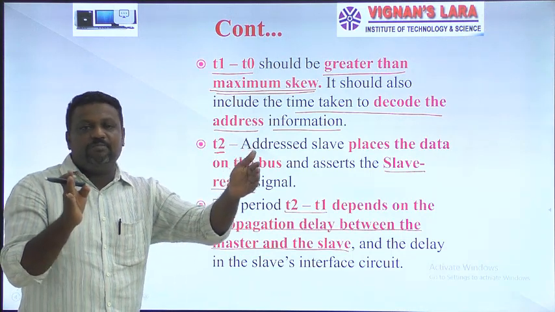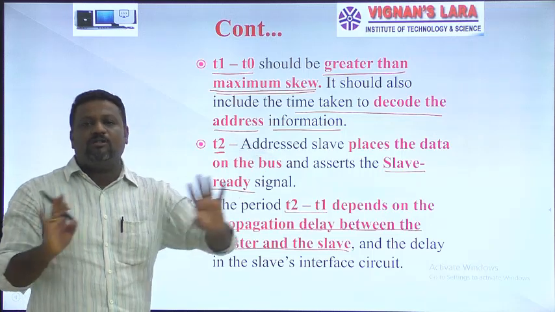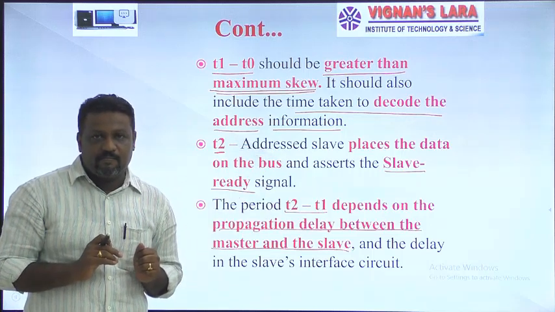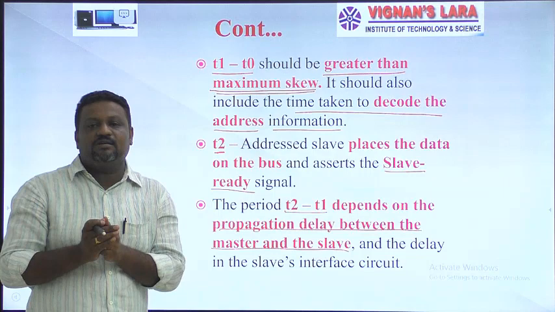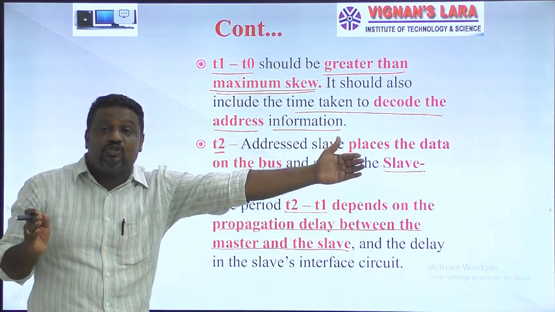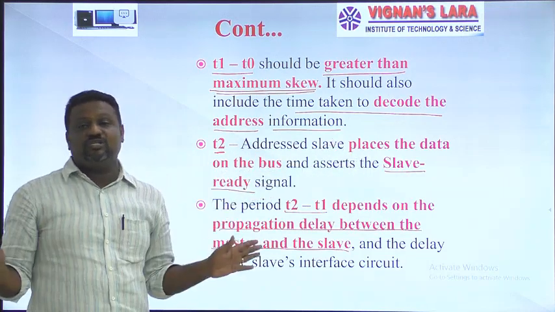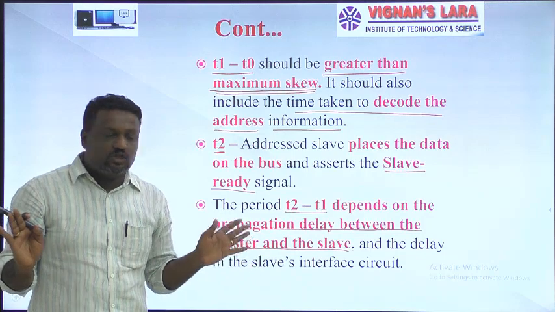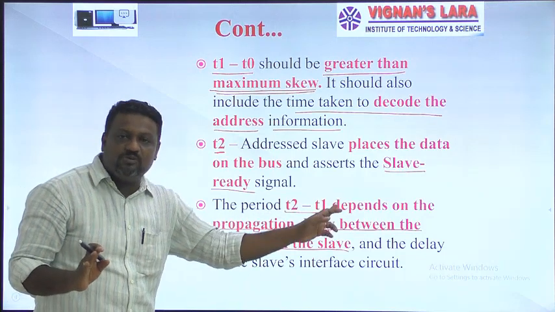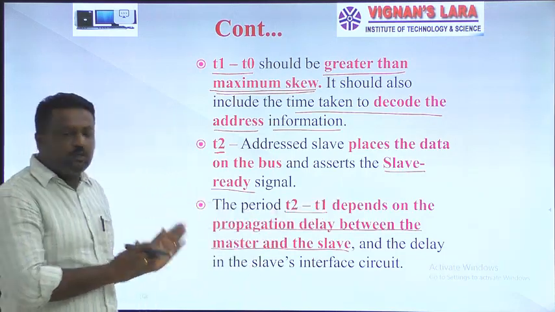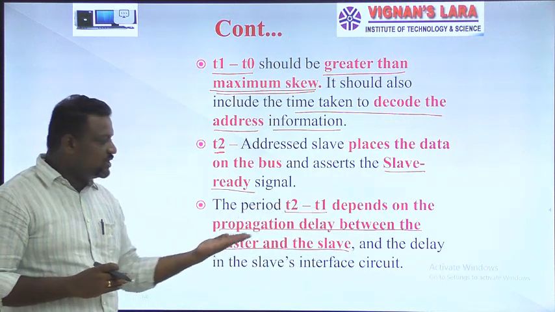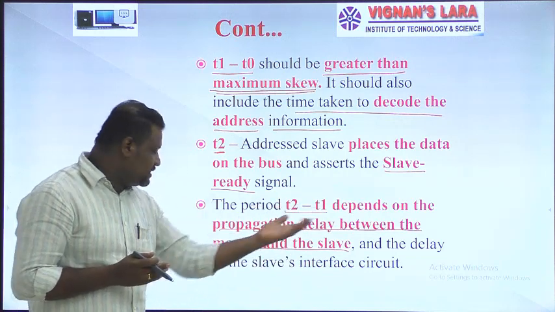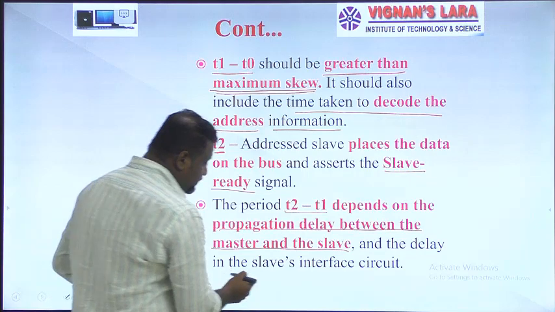The propagation delay between the master and the slave is not the same for all cases, because one device is nearer to the master and some other device is farther from the master; in both cases the propagation delay was not the same. So here the period T2 minus T1 purely depends on the propagation delay between the master and the slave and the delay in the slave's interfacing circuits.